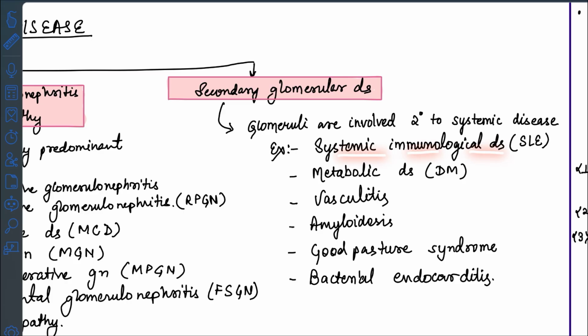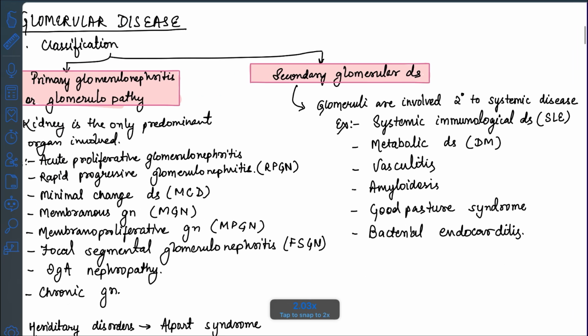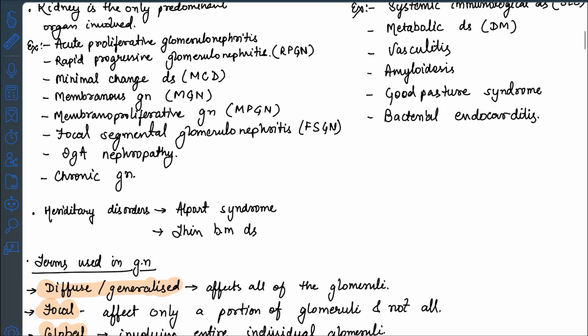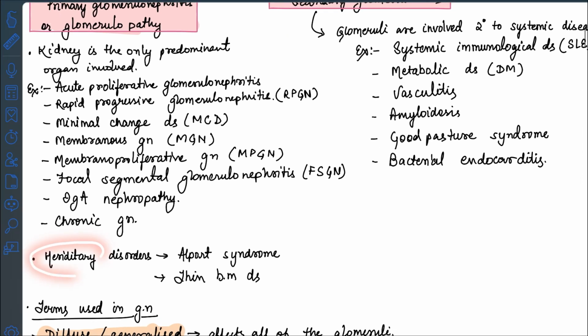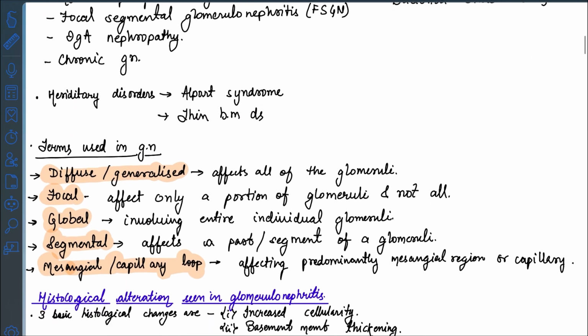Some examples are systemic immunological diseases like SLE, systemic lupus erythematosus, metabolic diseases like diabetes mellitus, vasculitis, deposition diseases like amyloidosis, Goodpasture syndrome, or bacterial endocarditis. These are just some of the examples. The glomerular disease can also be hereditary, like Alport syndrome and thin basement membrane disease.